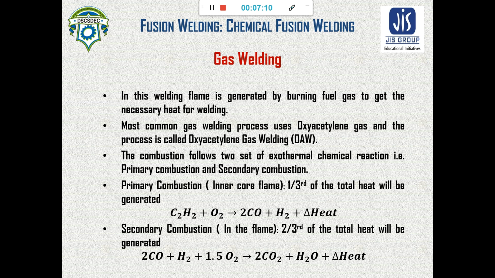The external combustion reaction is 2CO plus H2 plus 1.5 O2, which gives 2CO2 plus H2O plus heat. The addition of the heat generated from these two combustion reactions is directly used to melt the material at the desired place for welding.